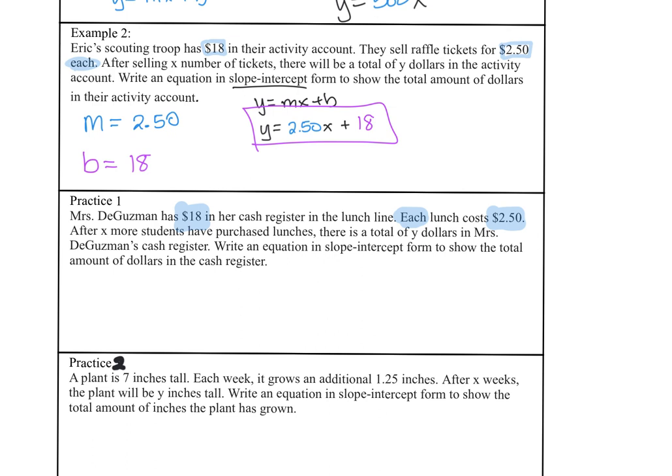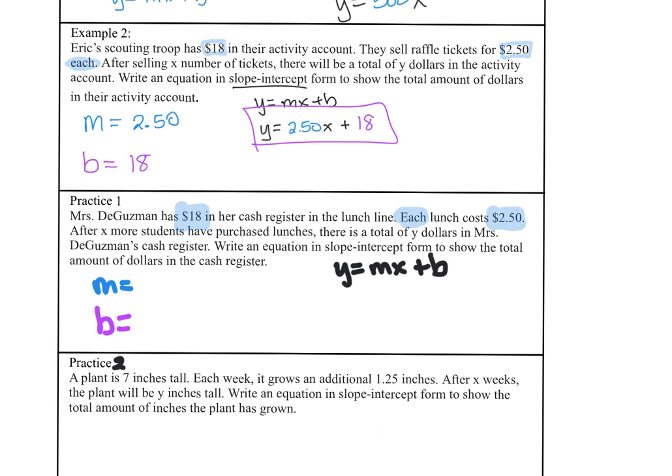Write an equation in slope-intercept form to show the total amount of dollars in her cash register. First thing we're going to do is identify M, identify B, and then write it in our slope-intercept form, which is y equals mx plus b.